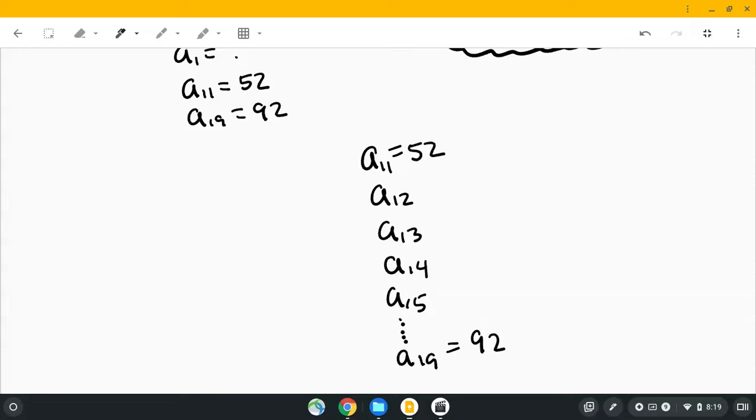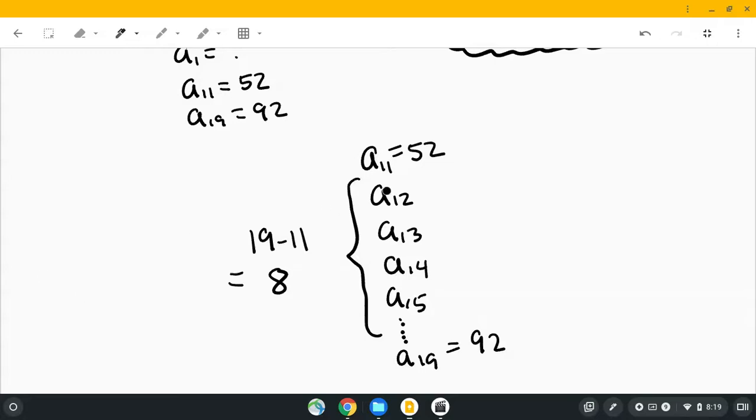So when you think about it, between the 11th term and the 19th term, we added D 8 times.